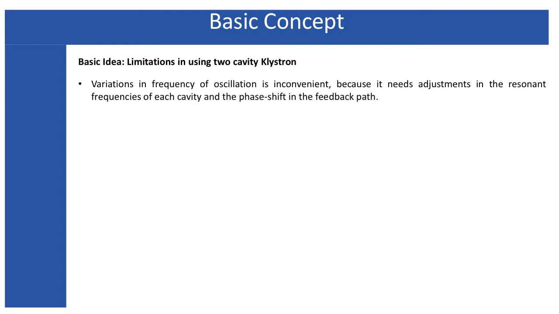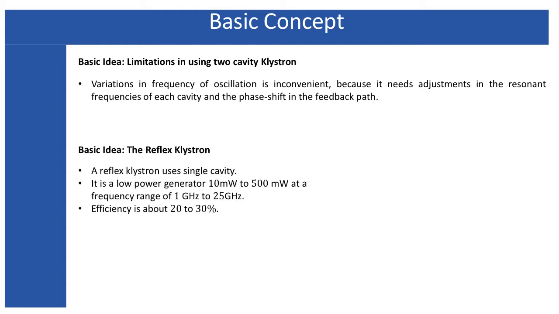So that phase shift you also have to modify accordingly in order to achieve positive feedback and consequently the oscillations. This is one of the major drawbacks of the two cavity klystron. That is why it is better to use a single cavity klystron, because the adjustment of the resonance frequency of a single cavity is much easier than the adjustment of the two cavity klystron.